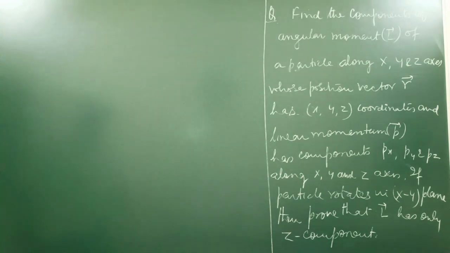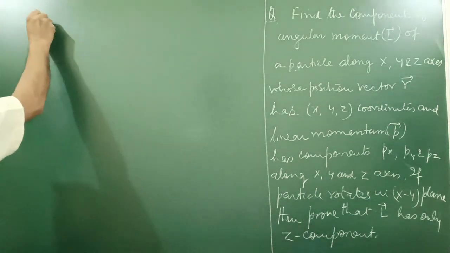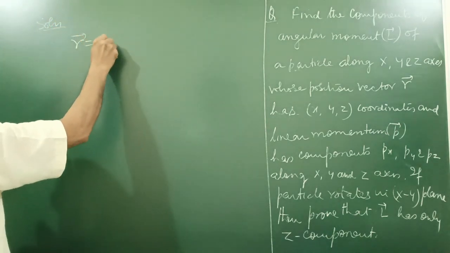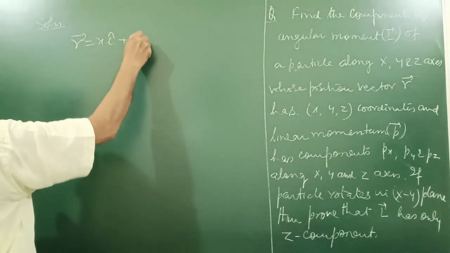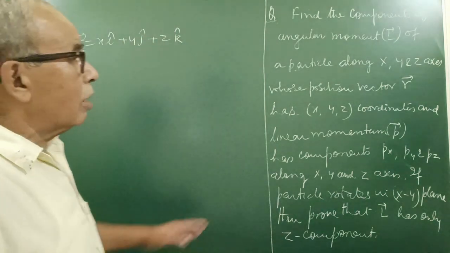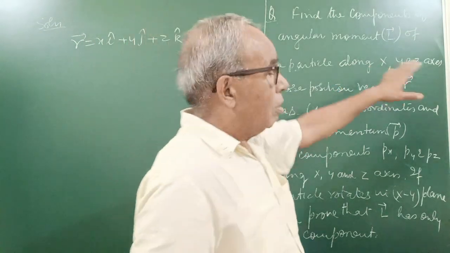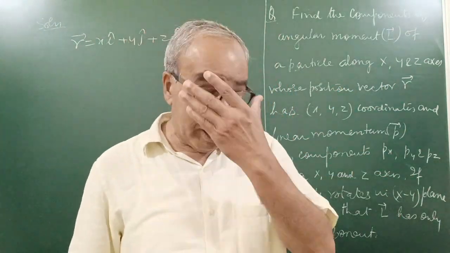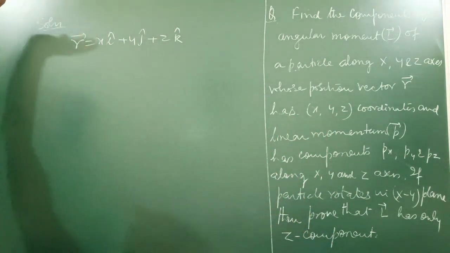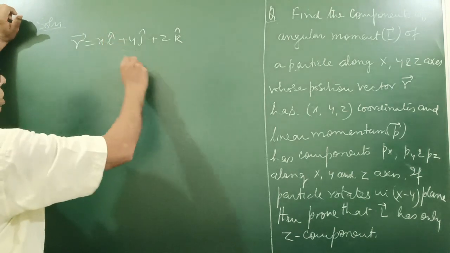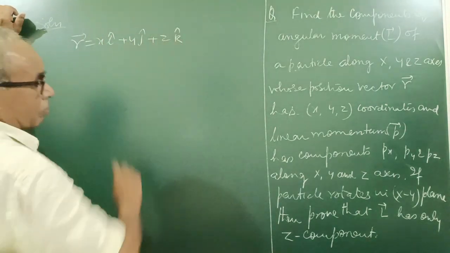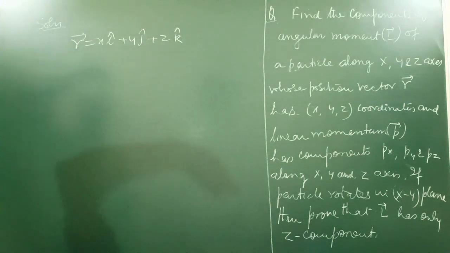So, you are given the position vector. Here is the solution. Our vector r will be x i cap plus y j cap plus z k cap, if x, y, z are the coordinates of the position of the particle. The vectors i, j, k cap are unit vectors along the x, y, z axes.